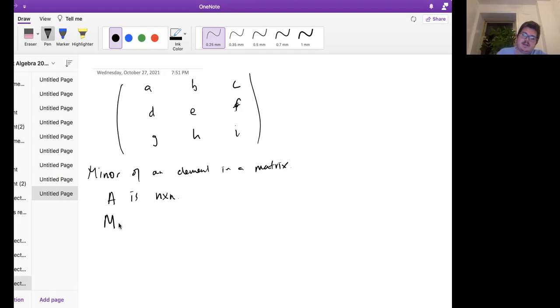The minor, say 1, 1, is going to be the matrix of dimension 1 less that is obtained by deleting the first row and first column.